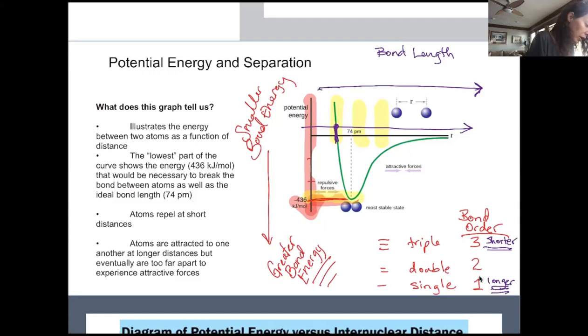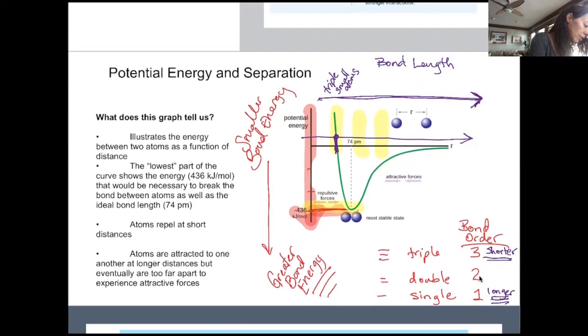Now, here we would expect to see triple bonds closest to the y-axis, or very small atoms sharing electrons so that they get very close to each other. Over here, it would kind of go in order.